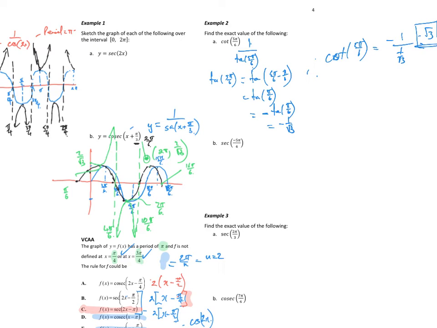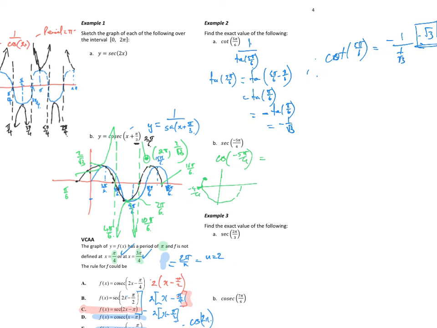Do the same thing for sec. So for sec, we have to focus on cos. So let's talk about cos of negative 5 pi on 4. Negative 5 pi on 4 is negative 4 minus 1 pi on 4. So it's there.